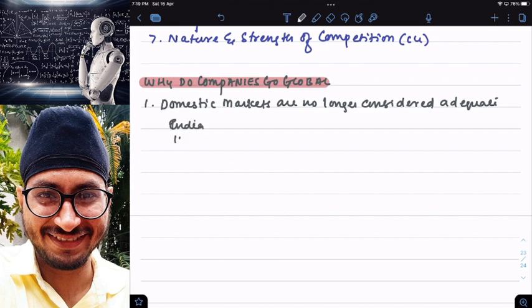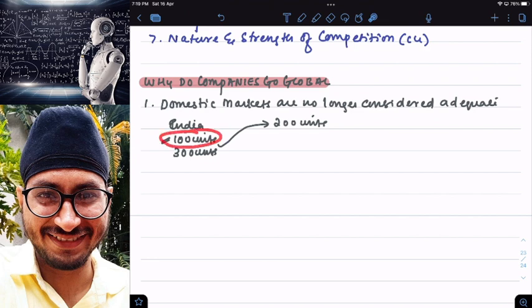If in India 100 units are required, I'm producing 300 units. Means I'm producing more than required. It is called overproduction. Since I know that maximum units people can buy in India is 100 units only, I will go to other countries and sell these 200 units. That is why I told domestic markets are no longer considered adequate.